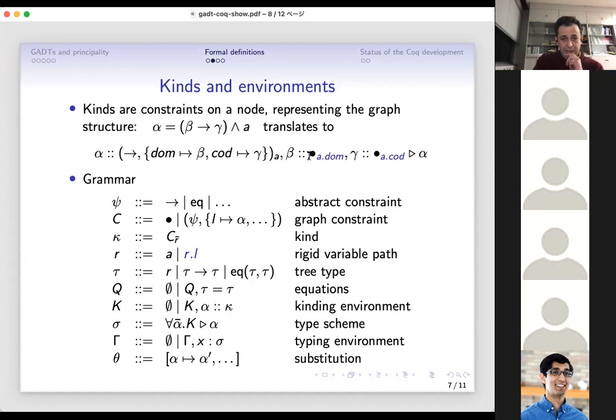And the way we denote the propagation is that we require also that beta be just a type variable, so bullet kind, but annotated with a.dom, and gamma is also a type variable, but annotated with a.cod.